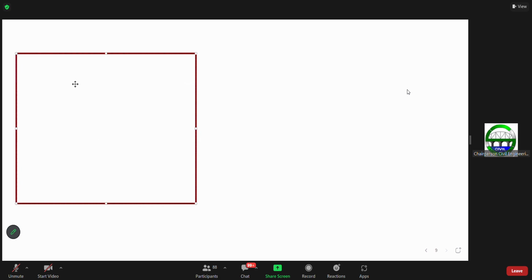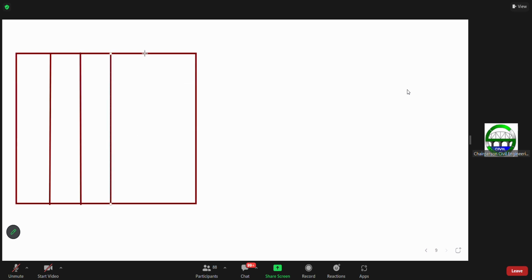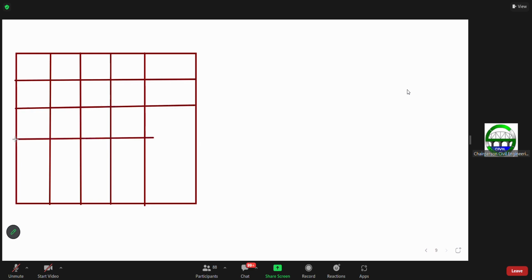Okay, so we have 1, 2, 3, 4, and 2, 3, 4. Great, we have this one. And then 1, 2, 3, 4. Okay, so I made the table, and my x is equal to.